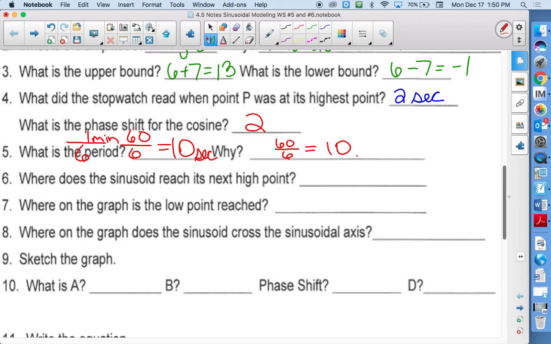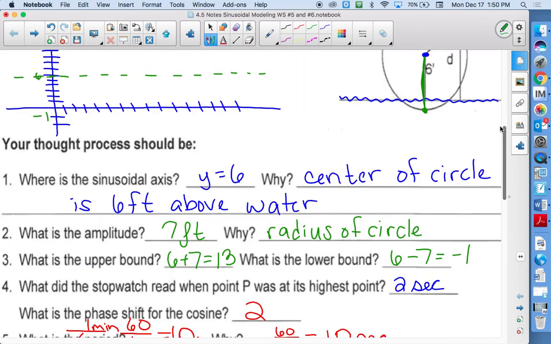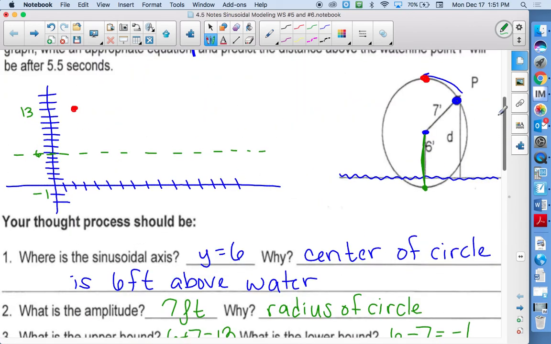So then question 6 says, where does the sinusoid, which is the graph, reach its next highest point? So if it starts at the highest point at 2 seconds, and it takes 10 seconds to get back to that highest point, Cade, if I'm at 2 and I go 10 seconds later, we're now at 12 seconds.